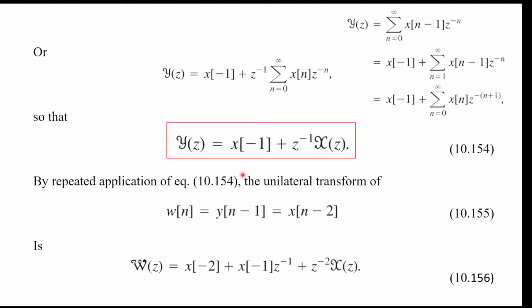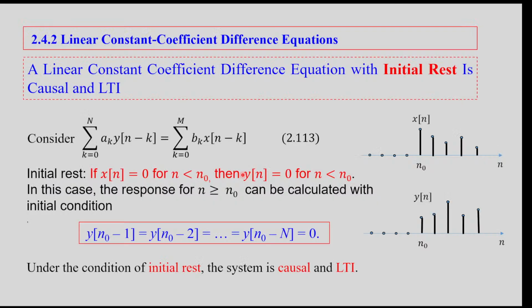When we talk about initial rest condition, we say x is 0 for n less than n0, then our y needs to be 0 for values before n0. So we talk about initial values for a difference equation.